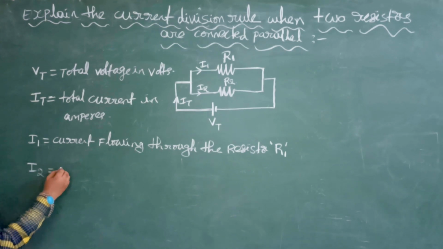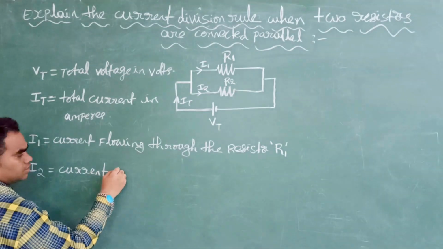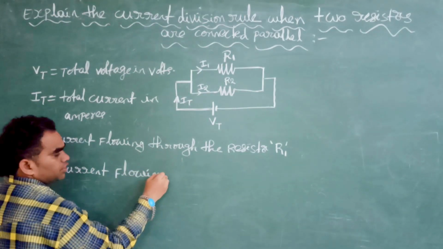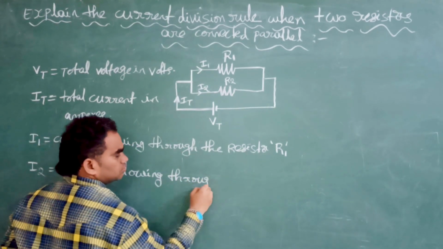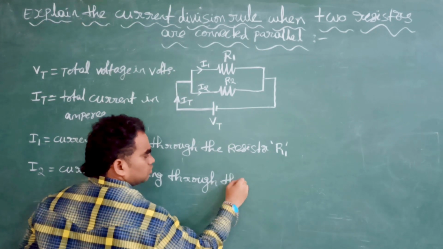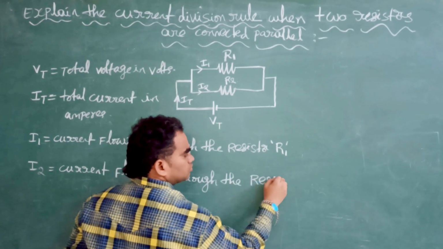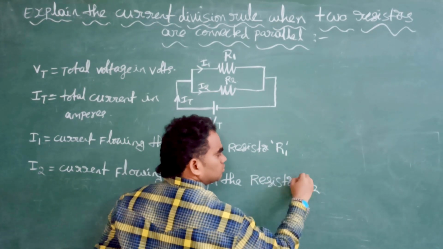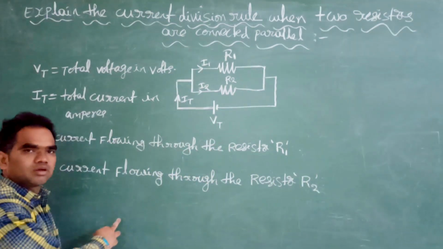I2 is equal to the current flowing through the resistor R2.